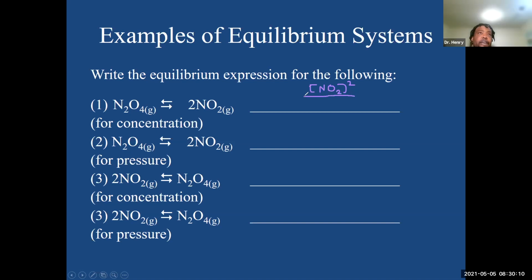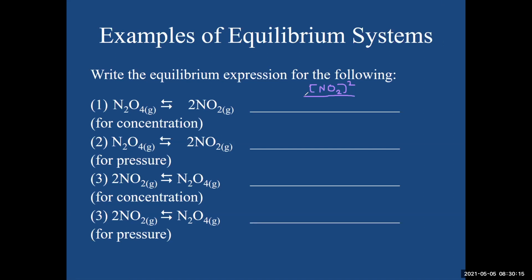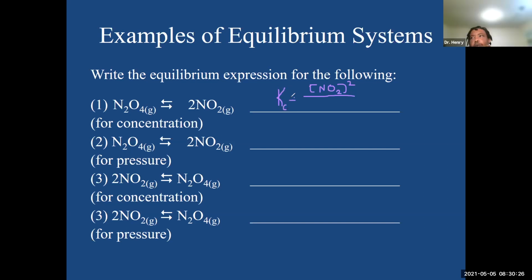Yeah, it's that, but now you're doing it for real chemical equations. So you're saying Kc, meaning the equilibrium constant, is going to equal what? It would be over the N2O4 in brackets. Okay. So it's going to be N2O4 in brackets, and that's going to be to the first power. Okay. So that's it.